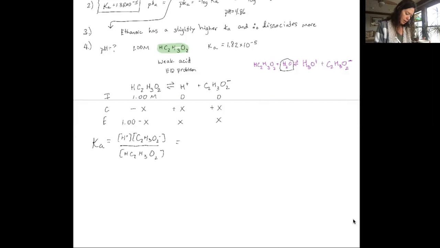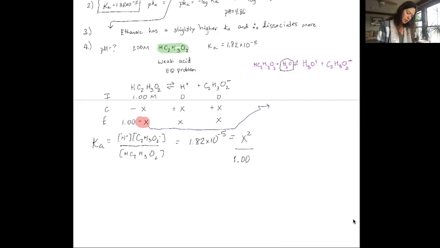Ka is equal to 1.82 times 10 to the negative 5 is equal to x squared, x times x, over 1.00. Once again, this minus x will be negligible.